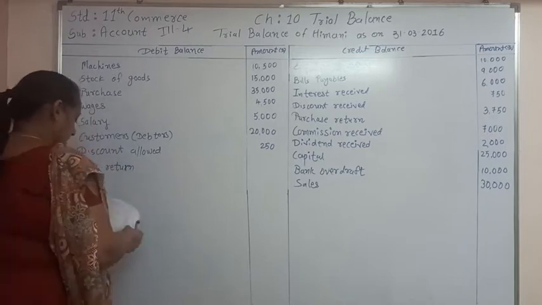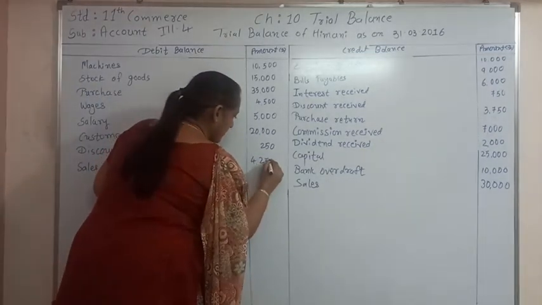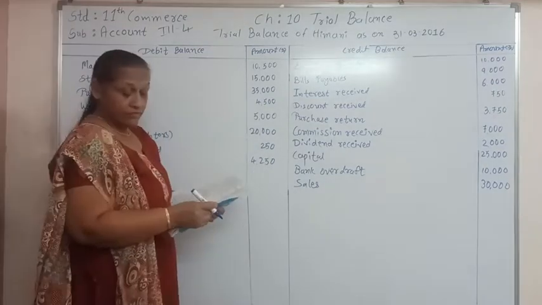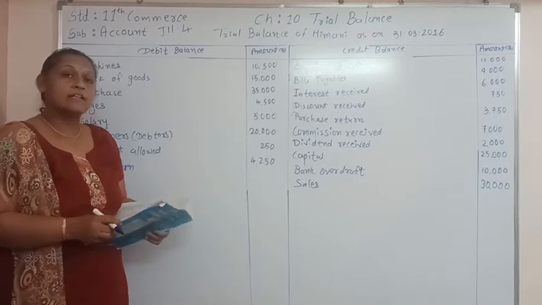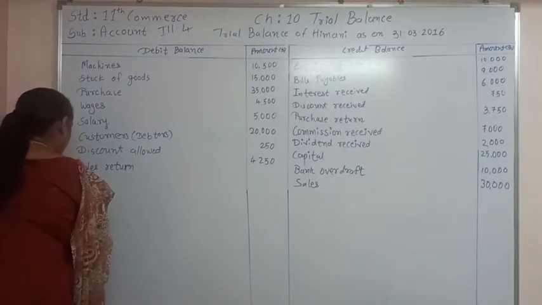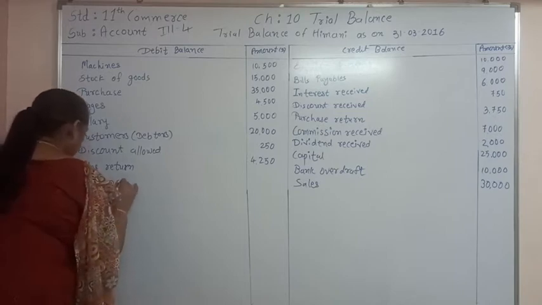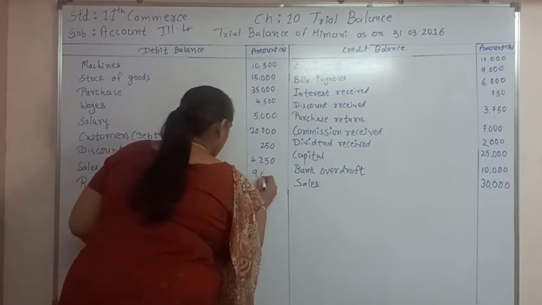Sales return account has balance of 4,250. After that the other account is rent paid, and it is our expense, and expense has debit balance, so we write rent paid on the debit side, and it has the balance of 9,000.